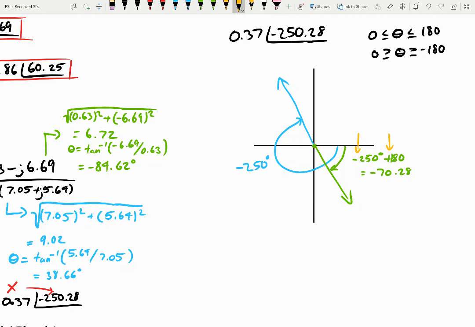And if, for example, down here, this is 250 degrees, then you draw it that way. So this angle up here would be plus 250 degrees minus 180.